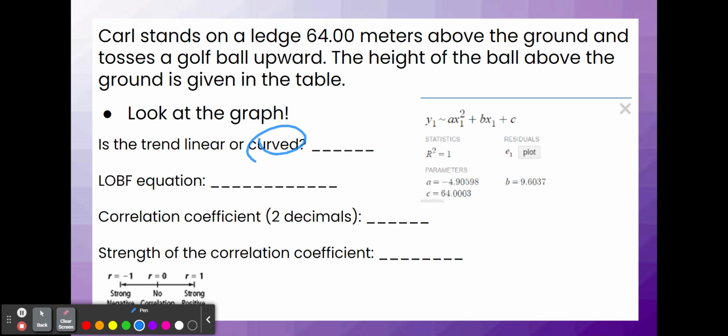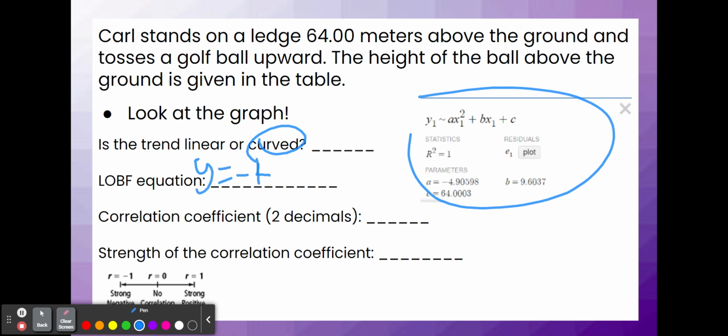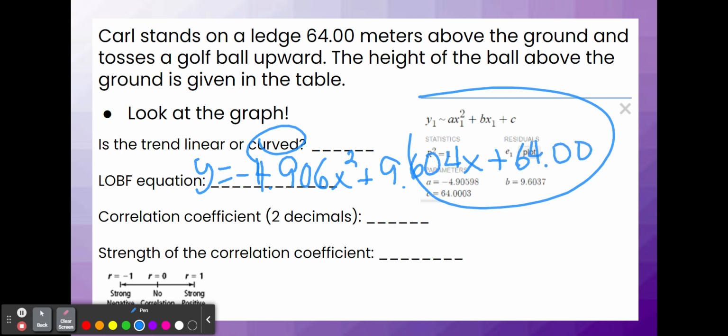My A value, B value, and C value, I've already copied here for you. So we got y equals, and they didn't tell me how to round it, so we're going to do it to the thousandths again. 4.906 x squared, plus the B value, 9.604 x, plus C, which is 64.000.